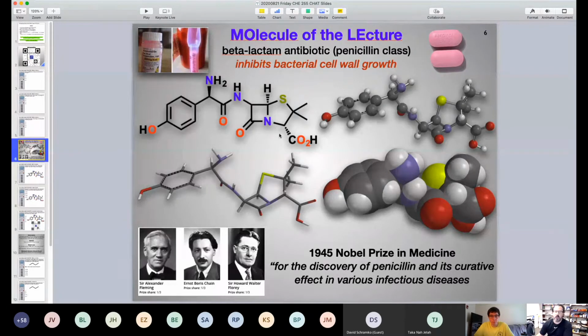Let me explain the differences you might hear in the news. This would not be considered a vaccine, because if you get a bacterial infection, you'd have to take this pill to cure that infection.